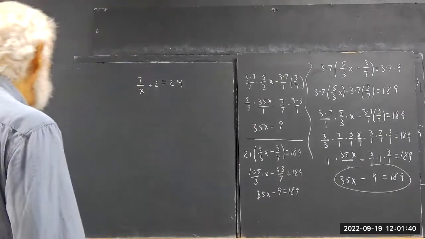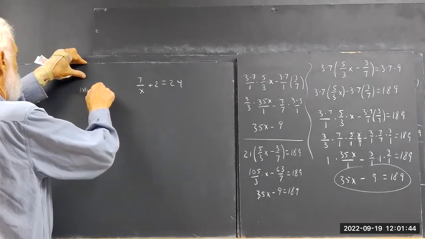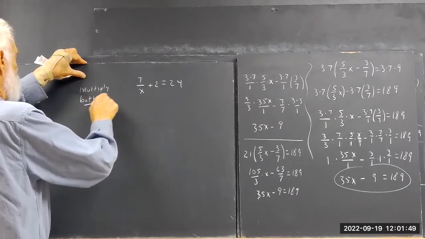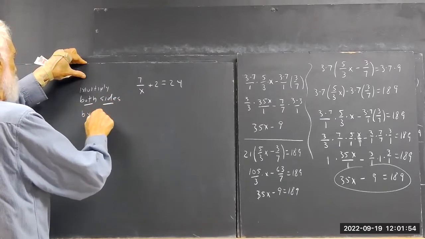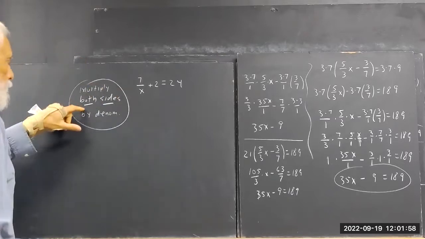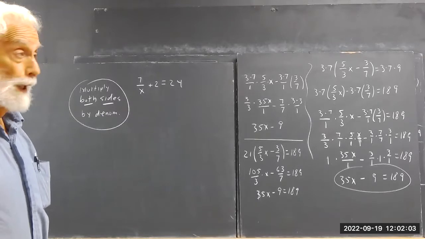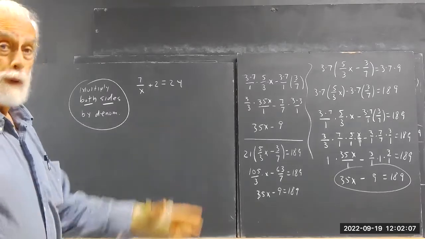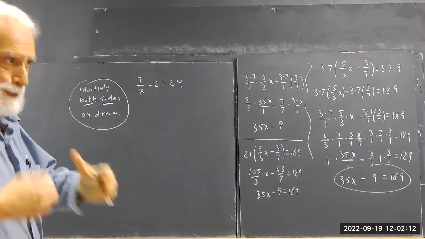What's the rule? Underline both sides. You multiply both sides by the denominator, not just the thing you're focused on, both sides of the equation. That keeps the equation in balance. You've heard me say that a number of times.